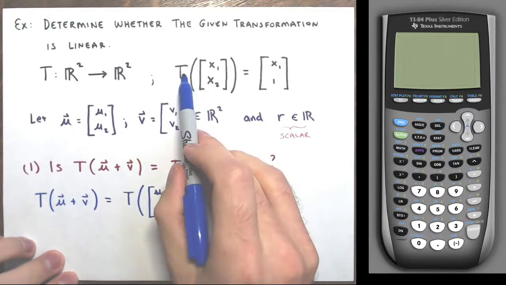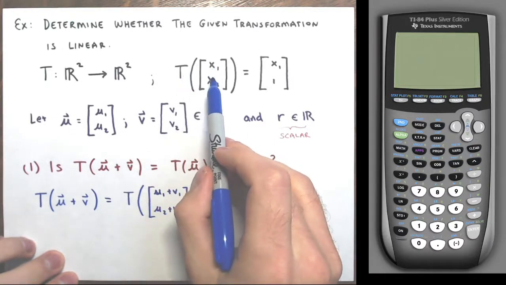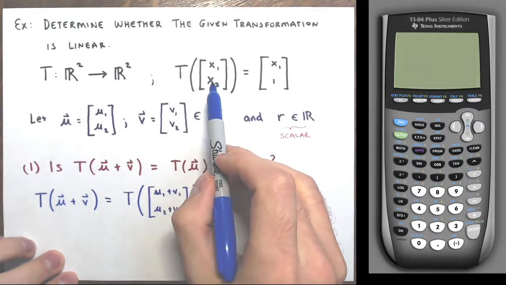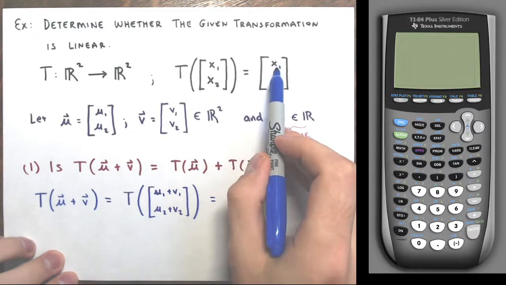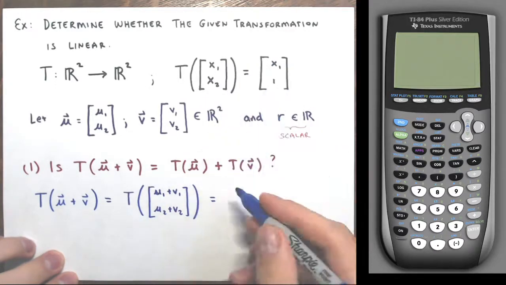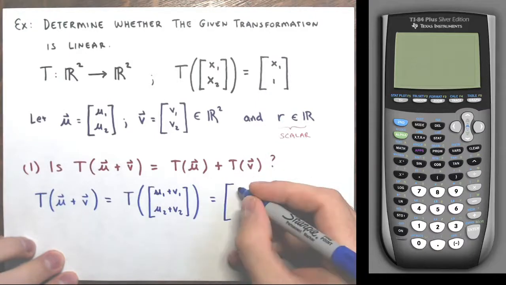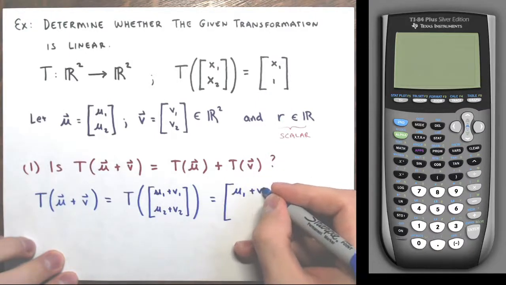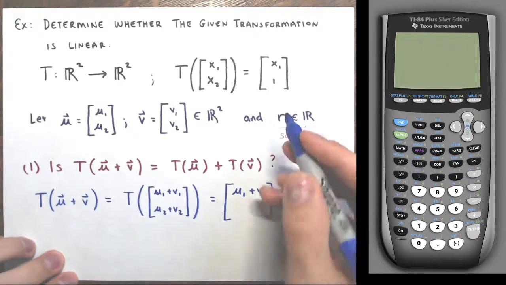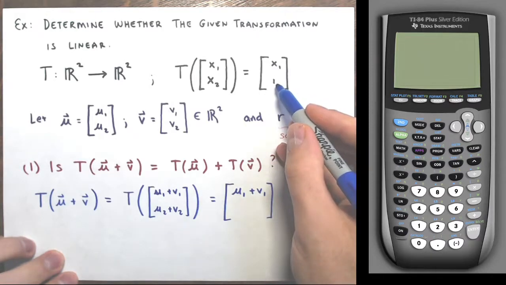Now, according to this rule, when I plug in a two component vector, the output has the same first component. So the output here has the same first component, u1 plus v1, but the second component is 1, no matter what these two are.